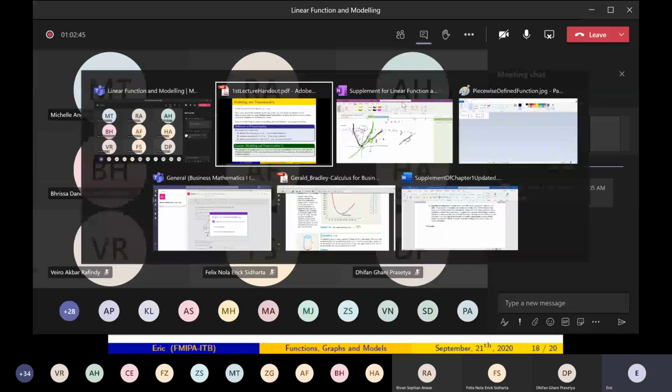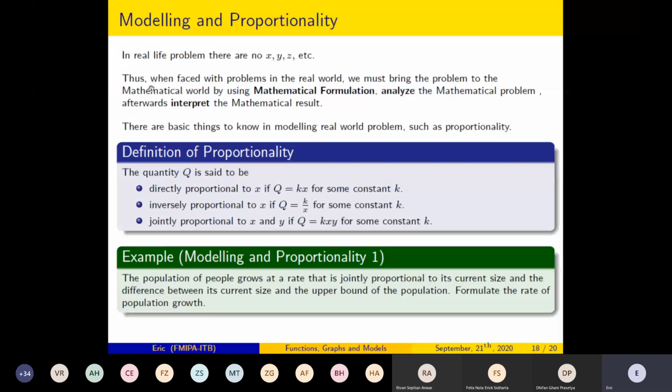Okay, so in real life problems there are no x, y, z. To bring it to the mathematical world, you have to have a mathematical formulation. What does it mean? Maybe you have something like this: the population of people grows at a rate that is jointly proportional to its current size and the difference between its current size and the upper bound. It has no mathematics at all. So how do you change it to mathematics? Let x be the growth rate of the population.